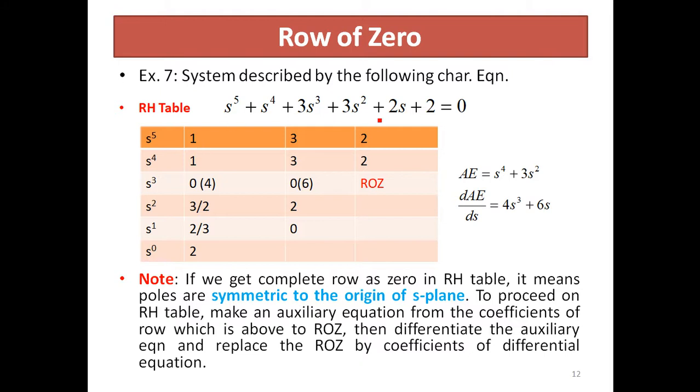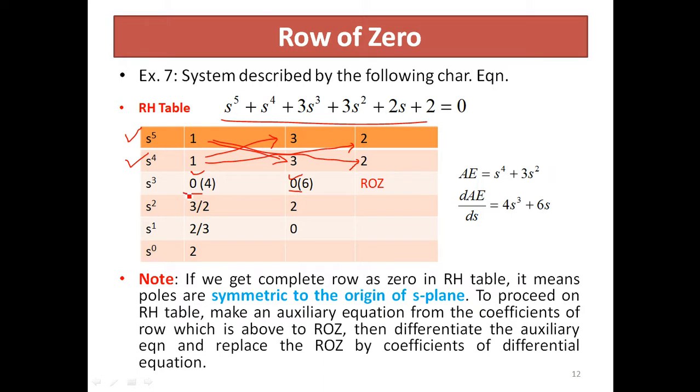This is a specific example where these two rows are derived from the characteristic equation, and the derived elements of this row, s raised to 3, appear as 0, 0. How? 3 minus 3 divided by 1 equals 0. And for this element, it is 2 minus 2 divided by 1 equals 0.